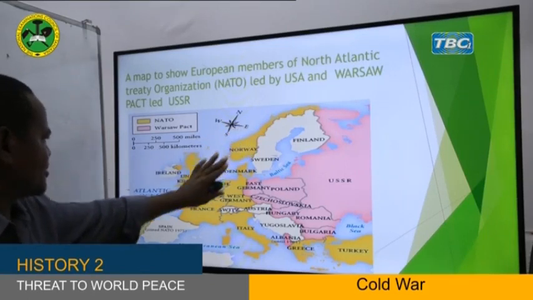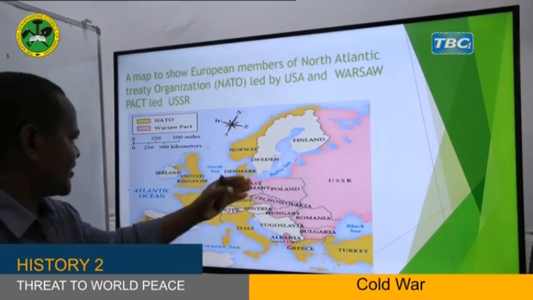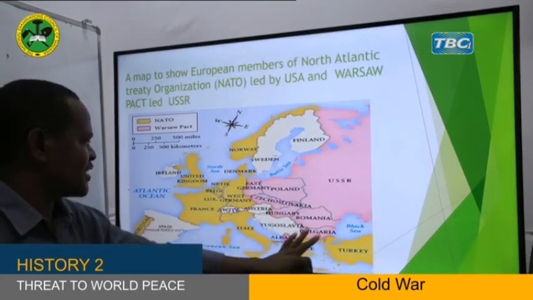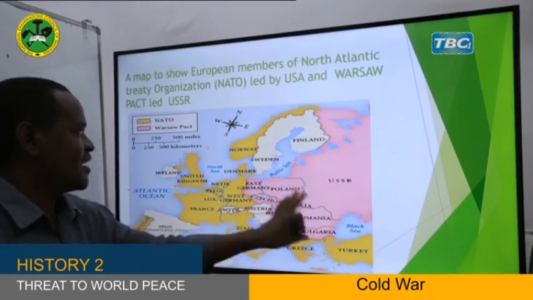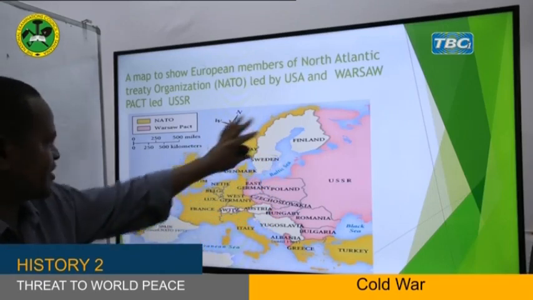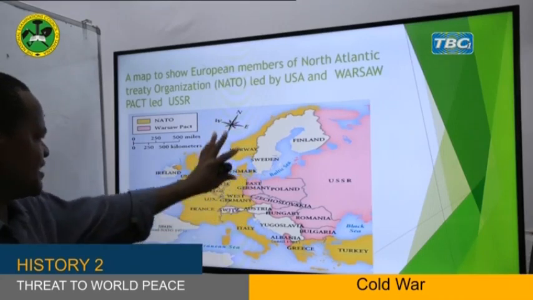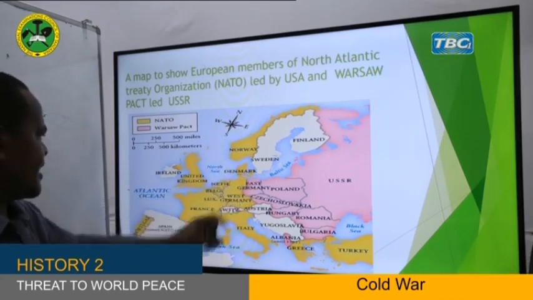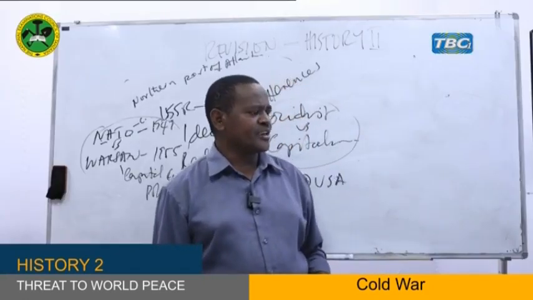And these are the members of the Warsaw Pact: Poland, East Germany, Czechoslovakia, Hungary, Romania, Yugoslavia, Albania, and the USSR, which was the guardian of this military organization called the Warsaw Pact, as it was to the Americans in NATO. This is the way Europe was divided. So that is NATO and the Warsaw Pact.